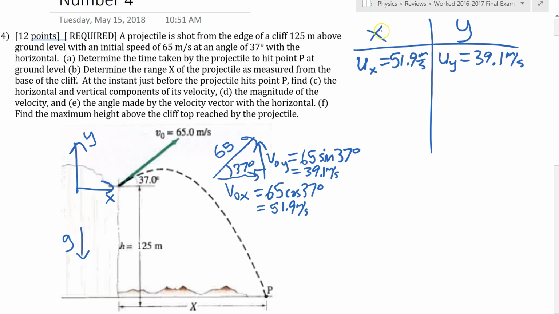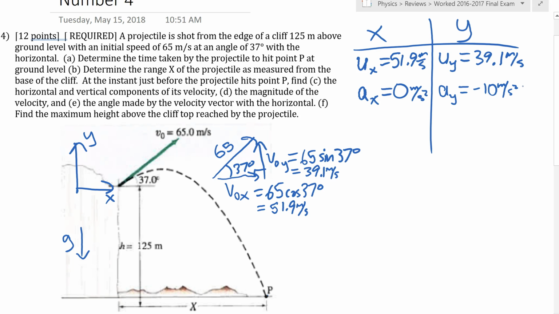So in normal projectile motion problems, the x direction or the horizontal direction will never have an acceleration. If it did, it would be clear from the problem that it wasn't normal projectile motion, and it would be clear that you would have to include some acceleration here. But the acceleration in the y direction will be negative 10 meters per second squared.